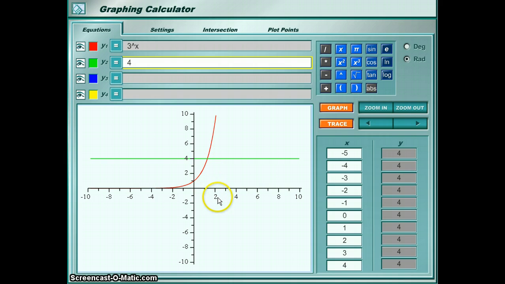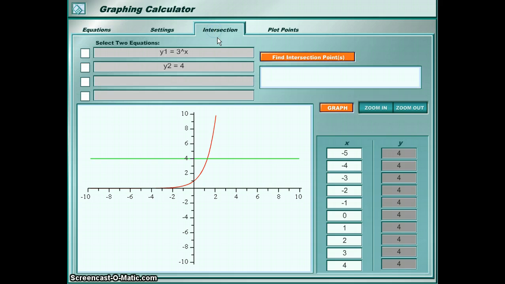Now to find the exact value, I can use the features of this calculator, in particular the intersection option. So click on that tab, and I want to find the intersection point, where these two lines meet. So what I'm going to do is check each of these boxes, and click find the intersection point.